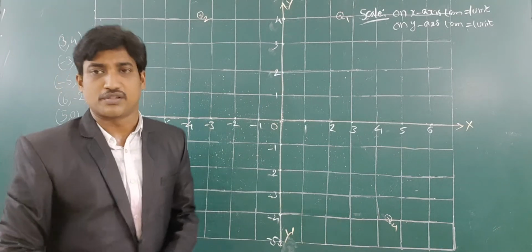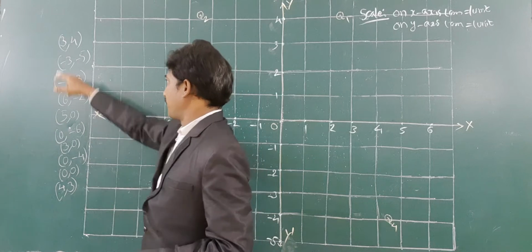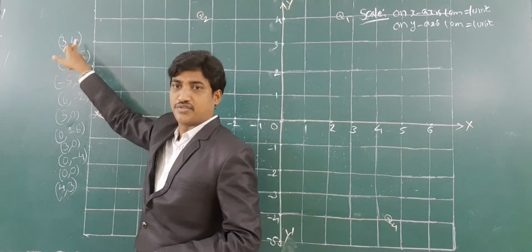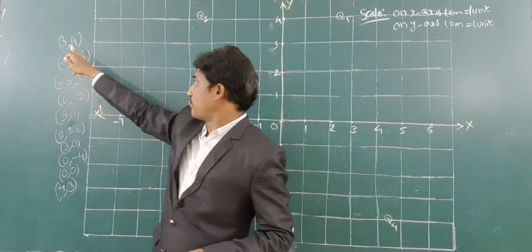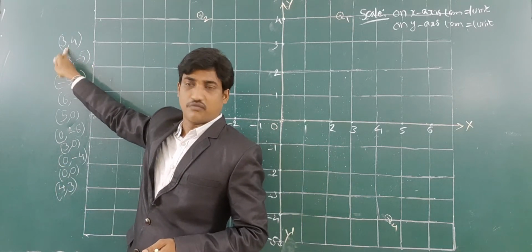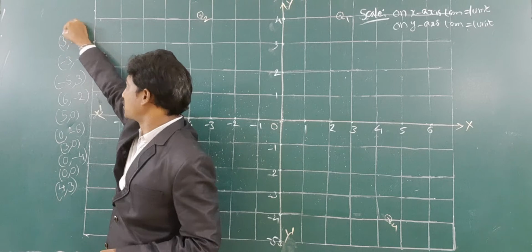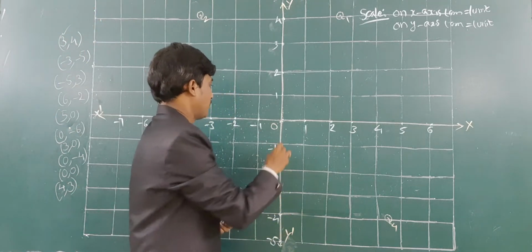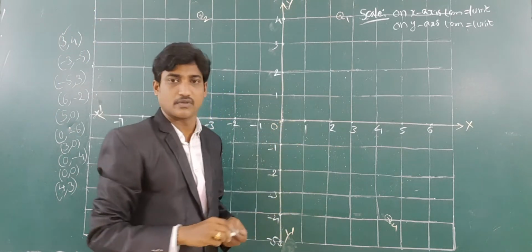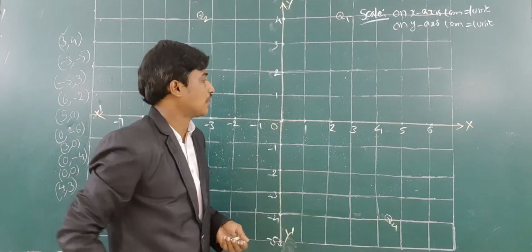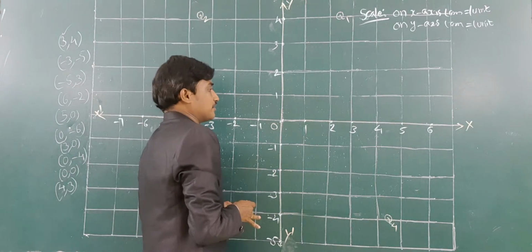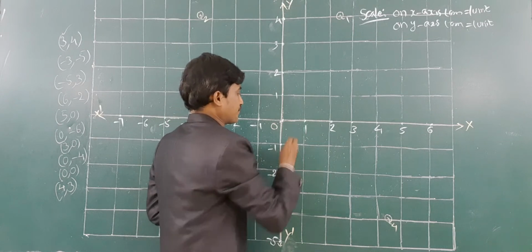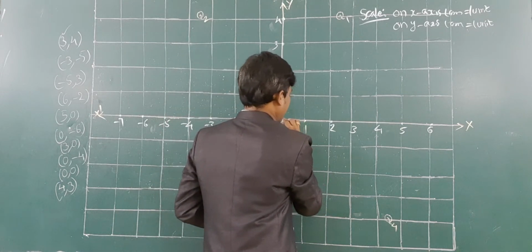Now let us plot the given points. First one, ordered pair (3, 4). Here 3 is positive, 4 is positive. As 3 is positive, starting from origin O, move along OX 3 units. That is, move 3 units along the x-axis.